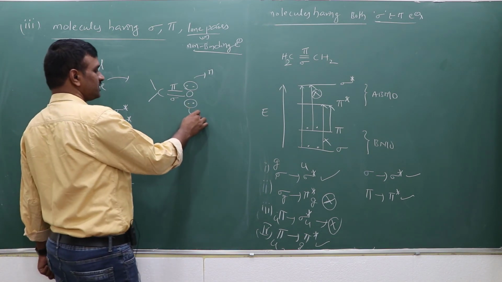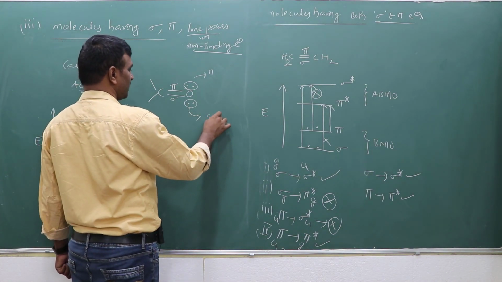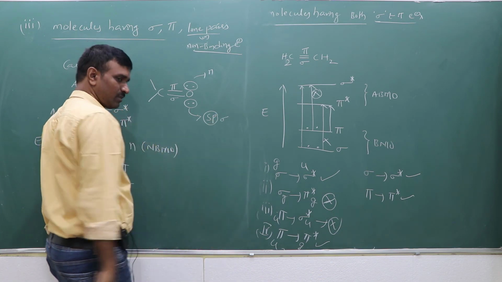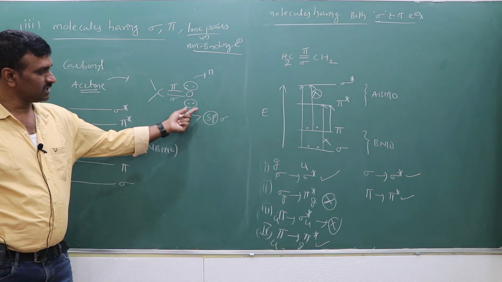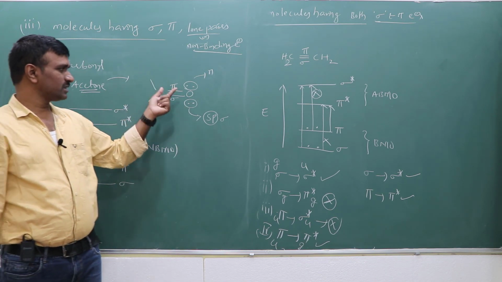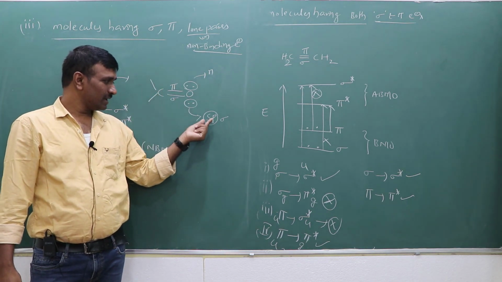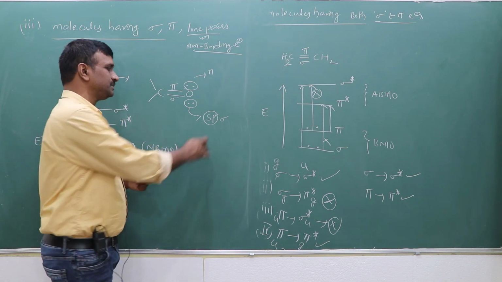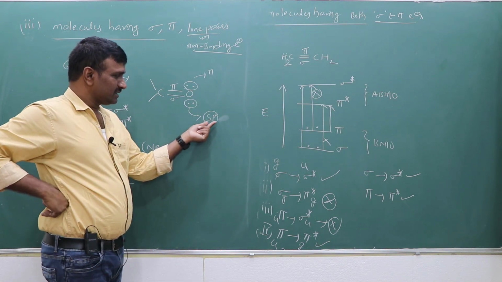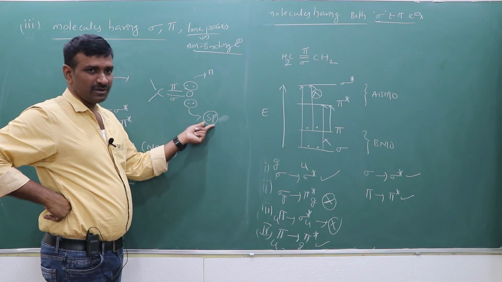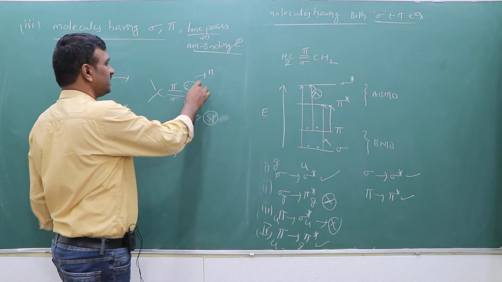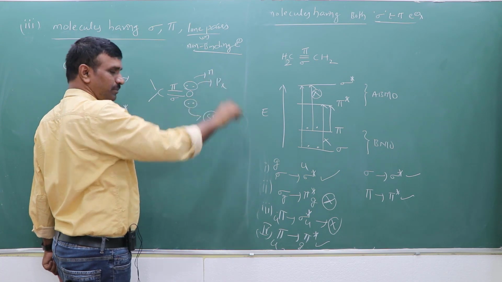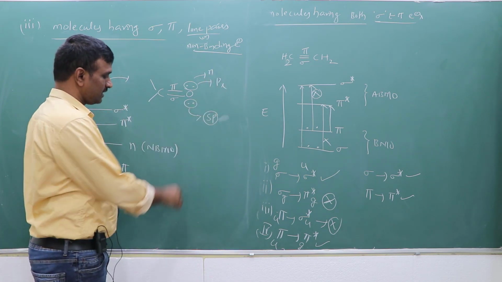One lone pair is in an sp hybridized orbital, and sigma bond formation takes place between C and O. This sp hybridized orbital participates with the px in oxygen.